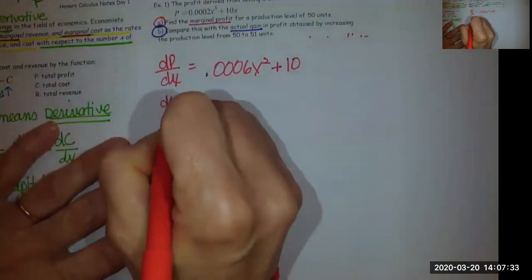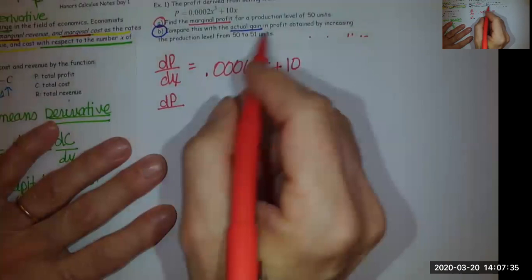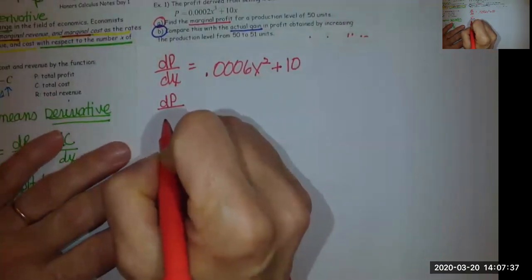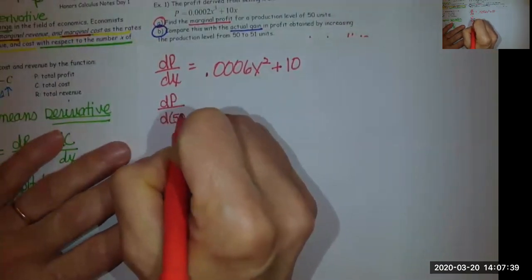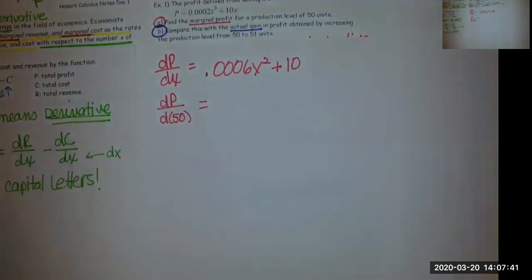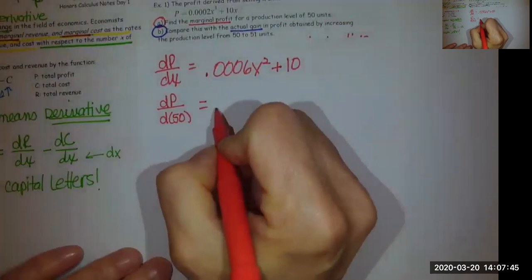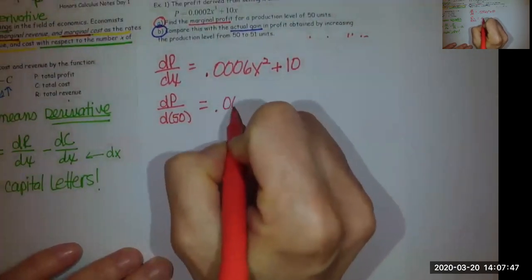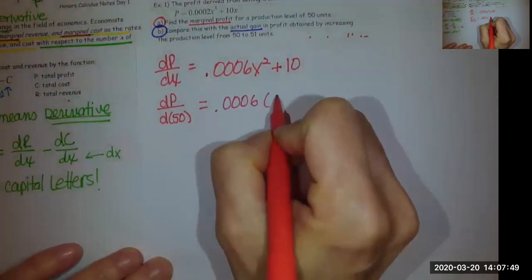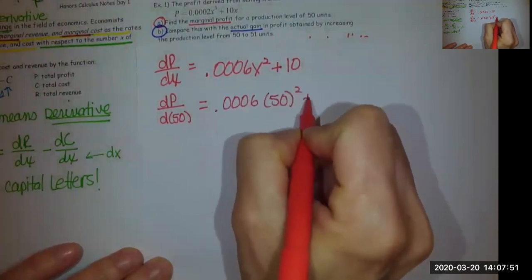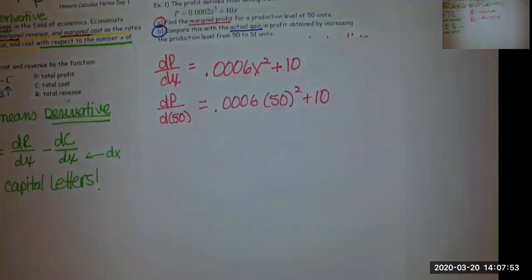And now we can plug in. It wants us to do it for 50, so we can plug in a 50 here. And you can do that with your calculator. So this is what you're doing. Take a second and put that in with your calculator.